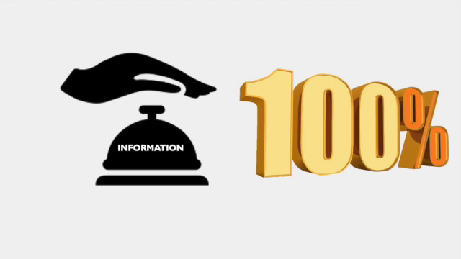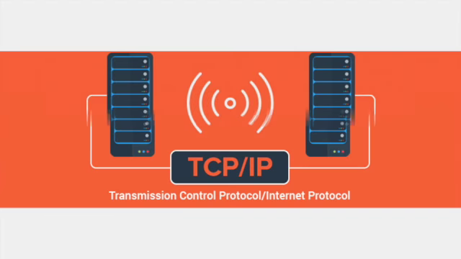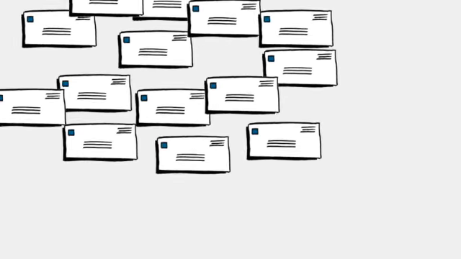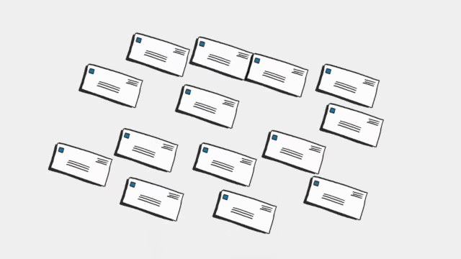Now, what if you want to request some data and not everything is delivered? How can you be 100% sure that all data will be delivered and the website will relay its information? This is where TCP, otherwise known as Transmission Control Protocol, comes into play. TCP manages the sending and receiving of all your data as packets. When broken up packets arrive, TCP does a full inventory and sends back acknowledgments of each packet received.